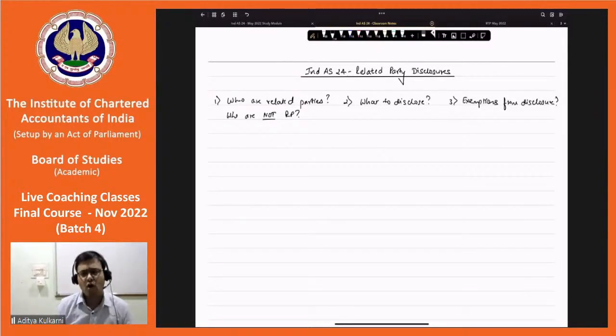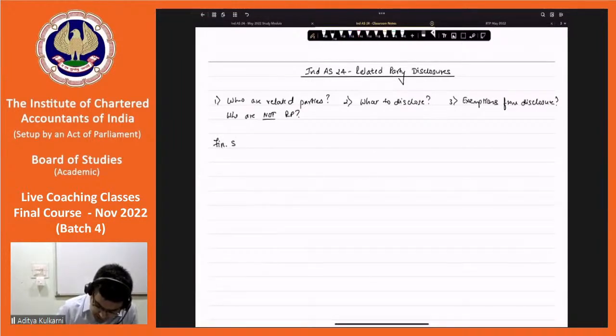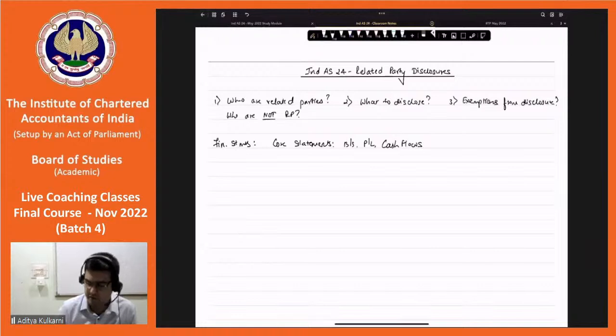Now all of you know that our financial statements broadly comprise core statements. Core statements meaning balance sheet, profit and loss, cash flow statement. Profit and loss means obviously P&L and other comprehensive income. So these are the core financial statements.